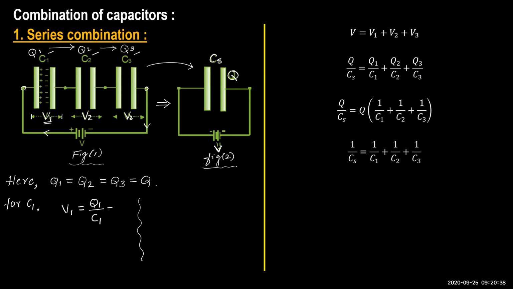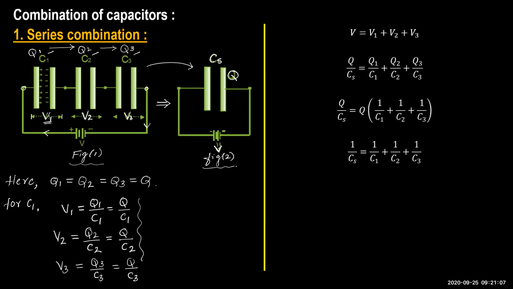But Q1 is equal to Q, therefore I can write Q divided by C1. Similarly, V2 for the second capacitor is Q2 divided by C2, which is Q divided by C2. Similarly, V3 is Q3 by C3, that is Q divided by C3.